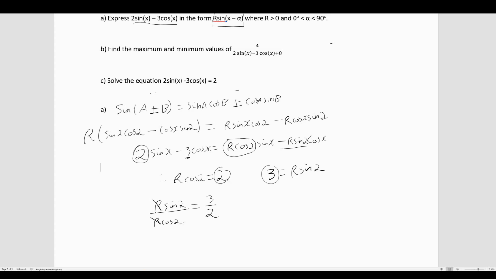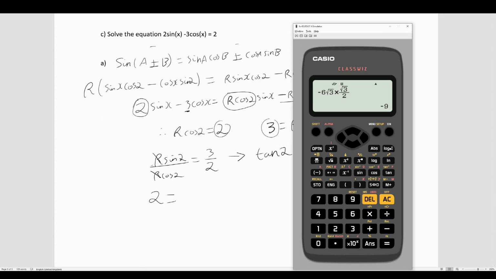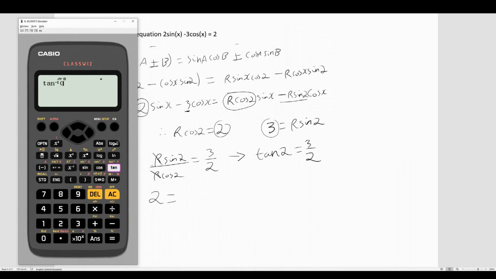The r's cancel, and that leaves sine alpha over cos alpha, which is tan alpha, equal to 3 over 2. To get alpha on its own, I do tan minus 1 of both sides. Remember, the question wants it in degrees, so I'm going to change my calculator into degree mode. So I have 56.3099, which I'm going to round to 56.310.